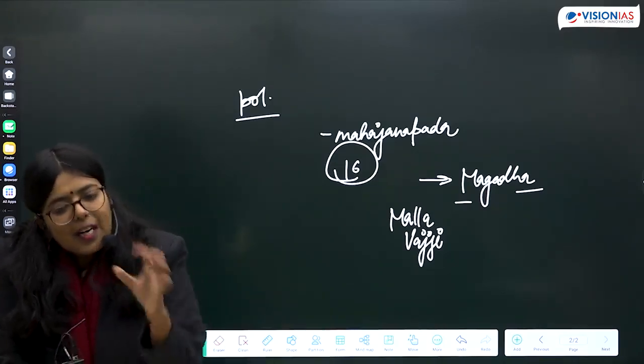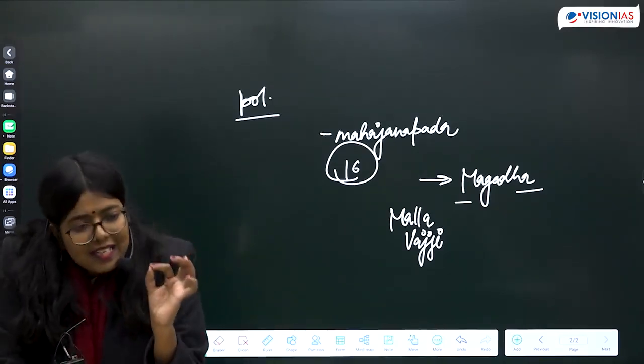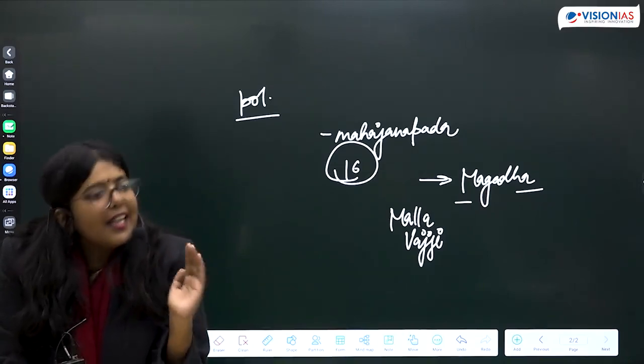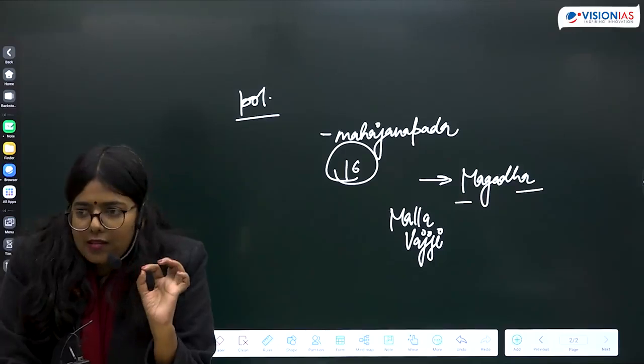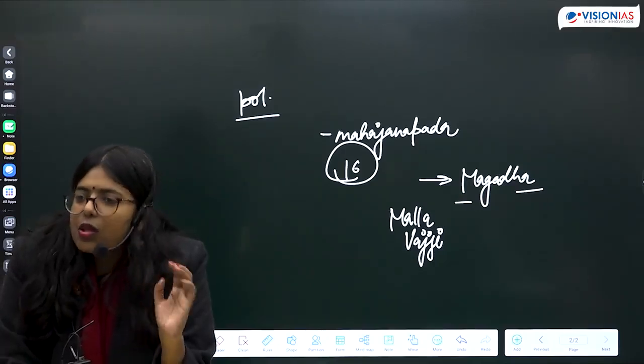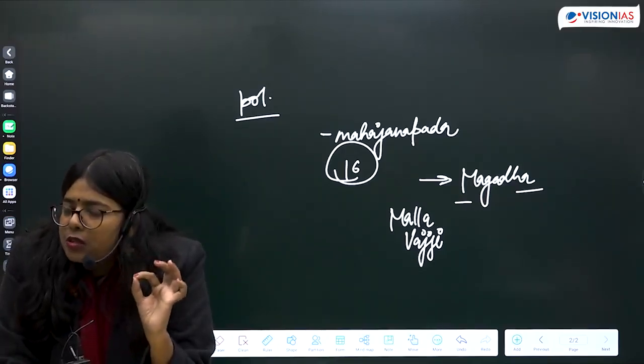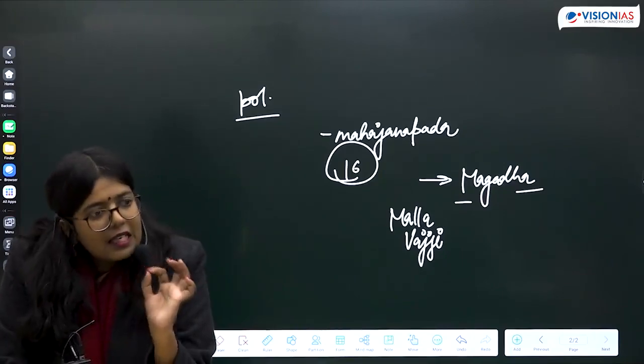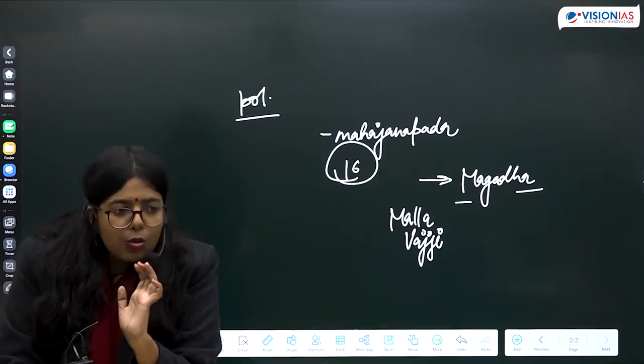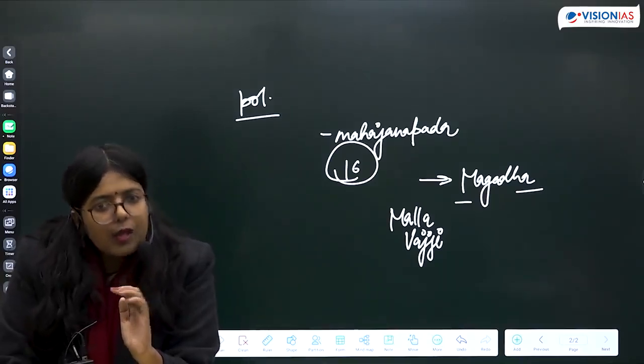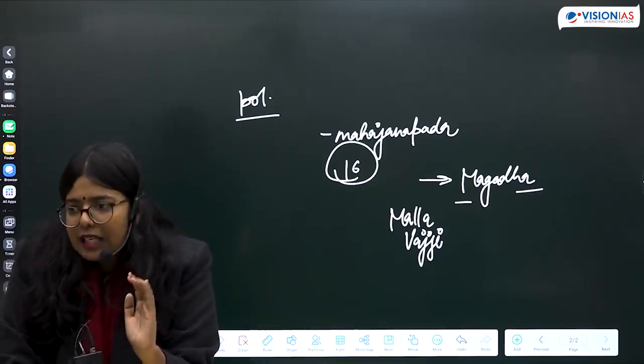See, when we say republic, that means head of the state will be chosen. Who is choosing them? It can be chosen through an oligarchical system. It can be chosen through democratic system. Okay, both the possibilities can be there.